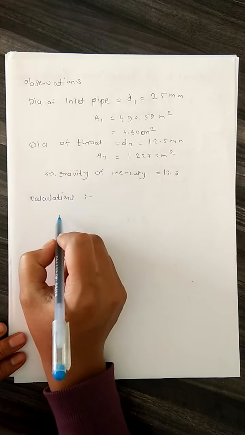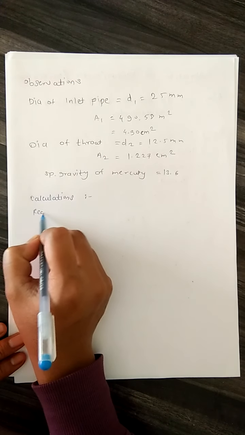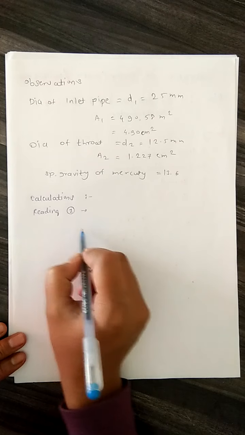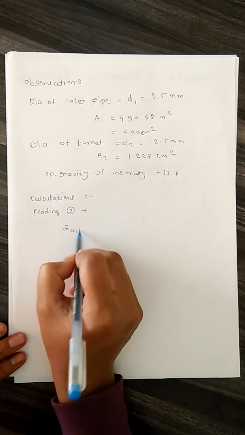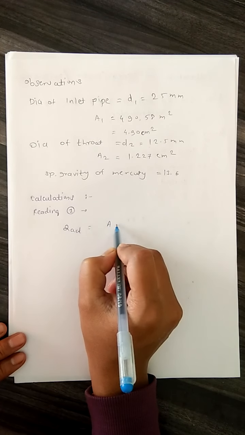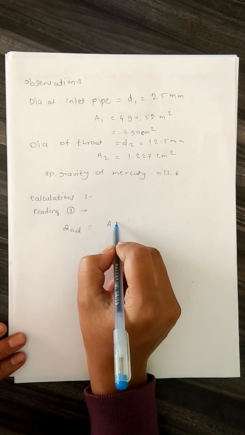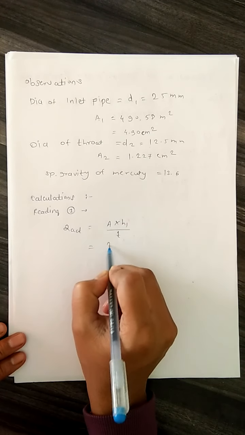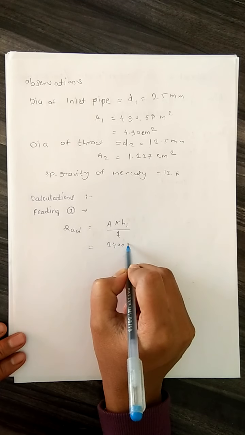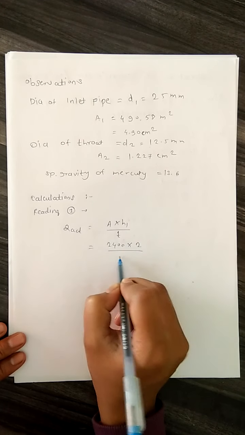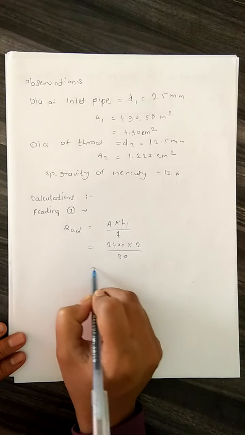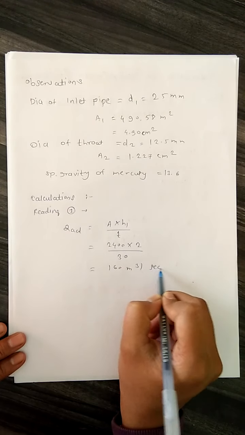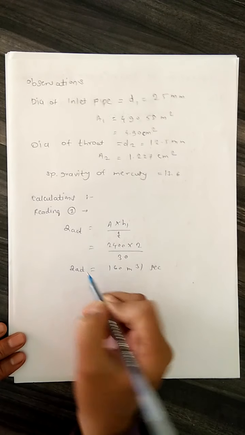So here for reading 1, first of all we calculate Q actual. The formula for calculating Q actual is A into H1 divided by T. We have the area 2400 meter square into H1 of 2 divided by time of 30 seconds. So we get 160 meter cube per second, that is Q actual.